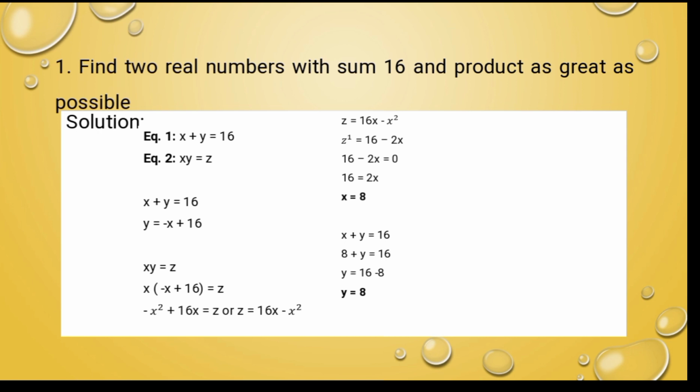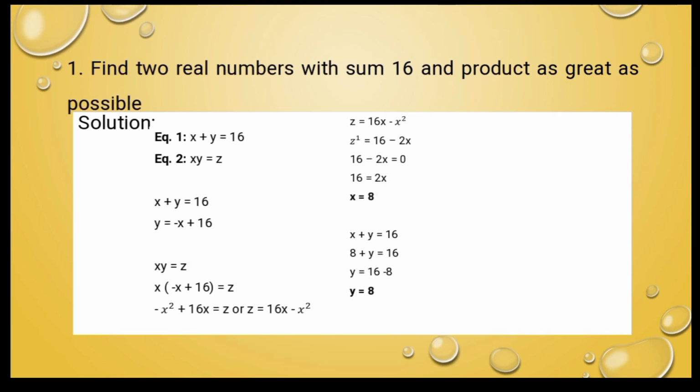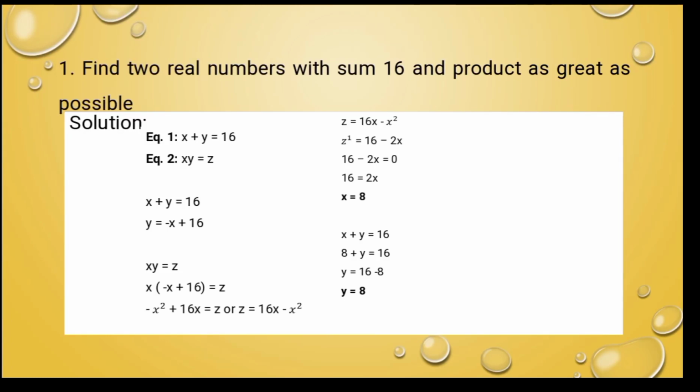Then solve for y. We have x plus y is equal to 16. Substitute the value of x. We have 8 plus y is equal to 16. Then transpose. We have y is equal to 16 minus 8.